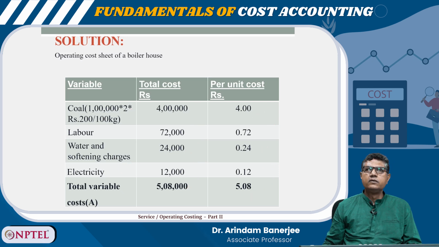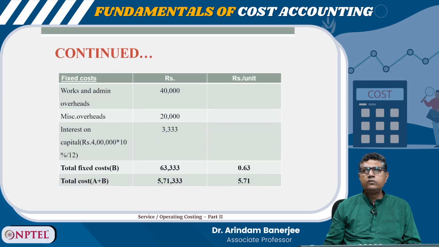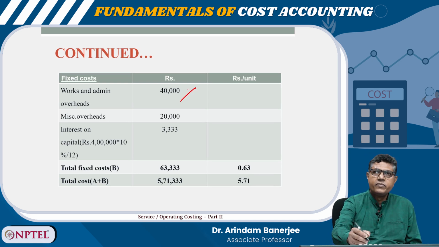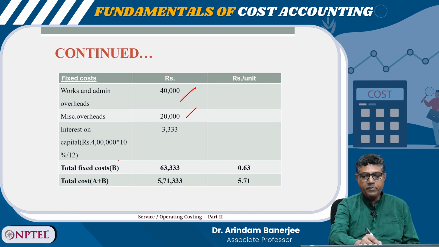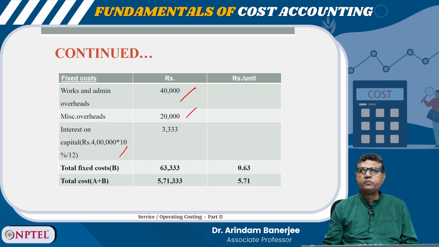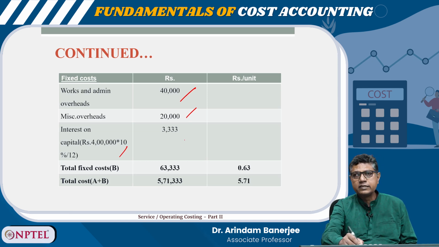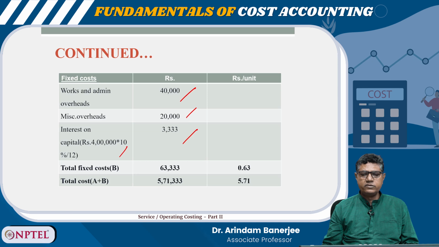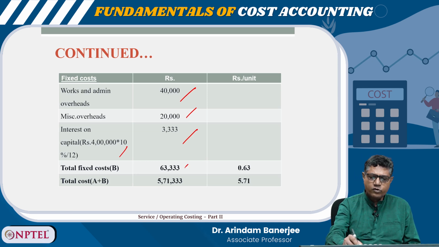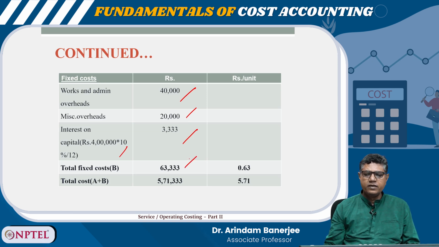Okay. So, now we can consider the fixed cost. Works and admin overheads 40,000, miscellaneous overhead 20,000, interest on the capital is 10% per annum. So, if I calculate, it is coming to 3,333. So, if I add, total fixed cost is 63,333.